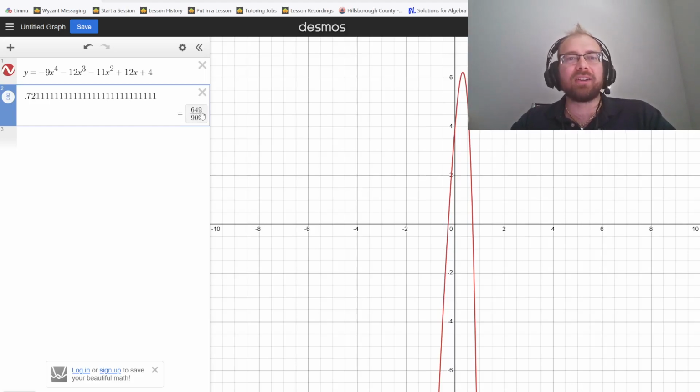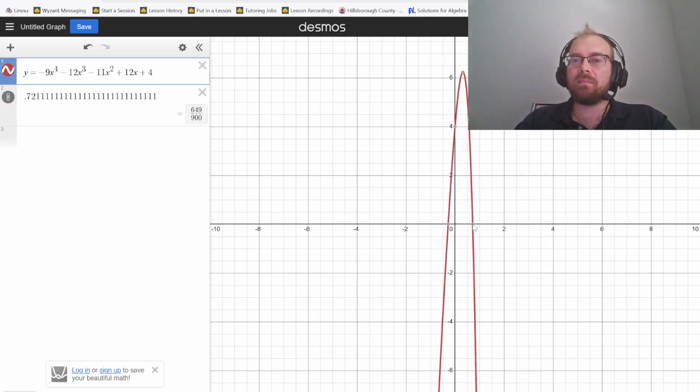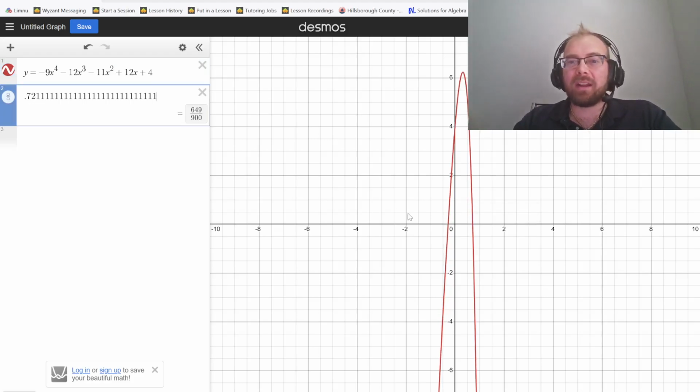So 649 over 900. If it is rational, this is if that 1 is repeating on the backside there, then this would actually be the fraction. Oh, that's terrible. That's just terrible. So if it is rational, then that's what it comes out to be.